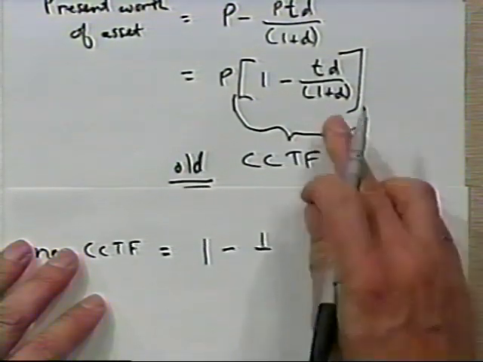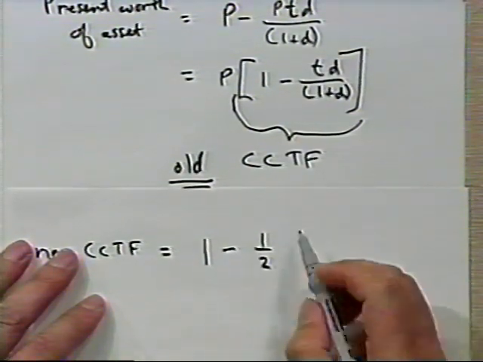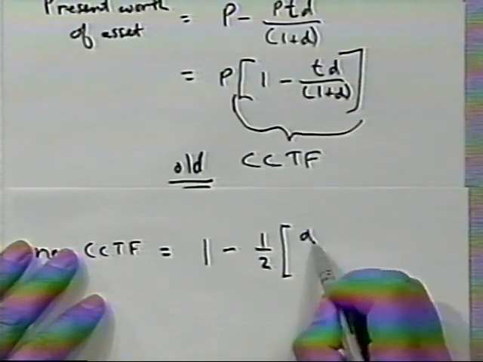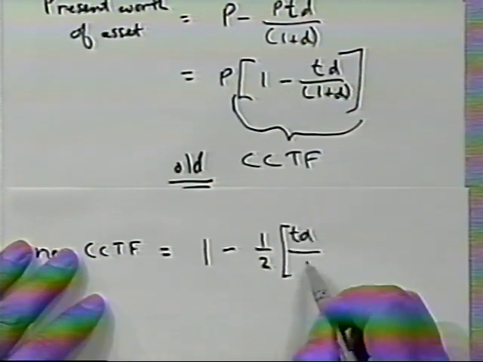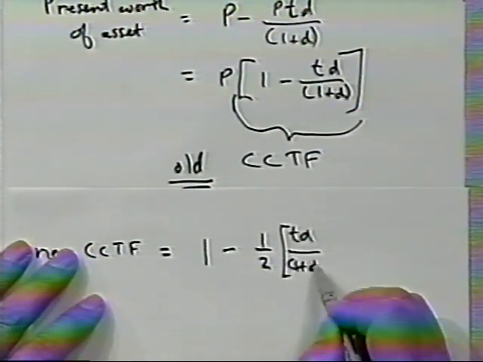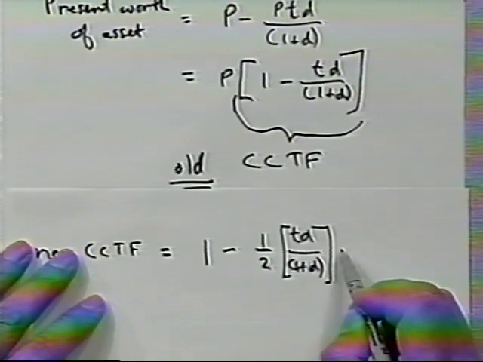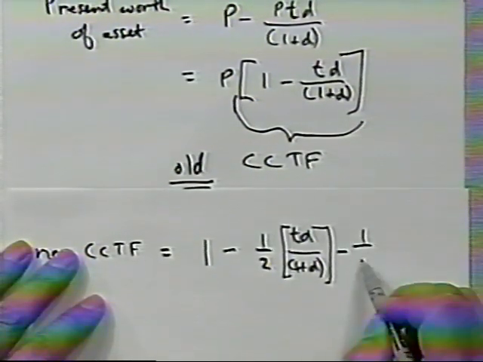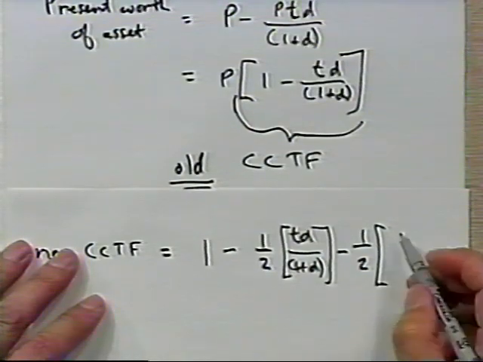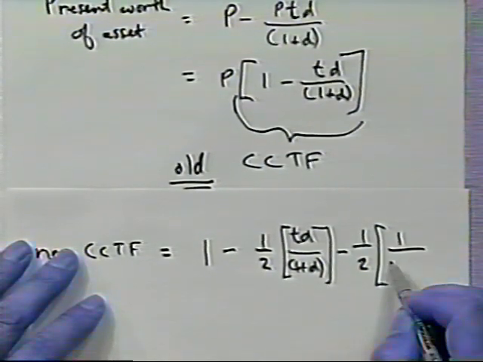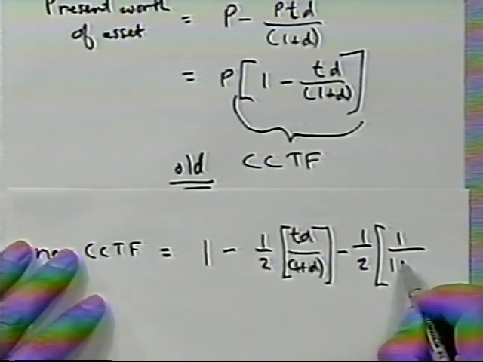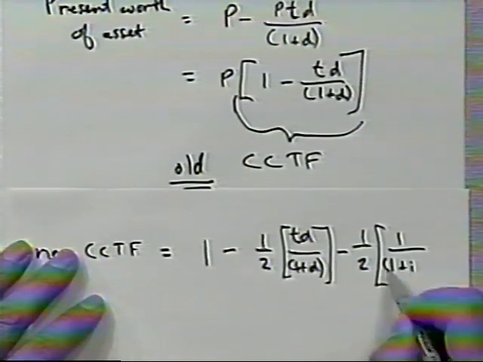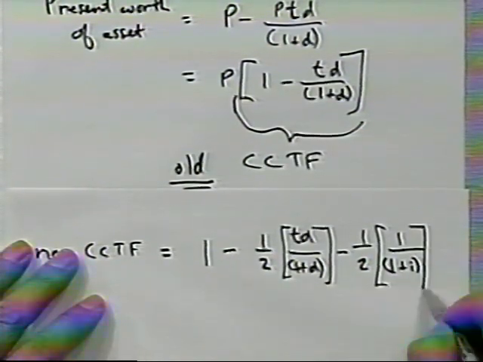Half of the second part stays exactly as it is, as TD over 1 plus D. But the other half has to be multiplied by the present worth factor of 1 over 1 plus I.